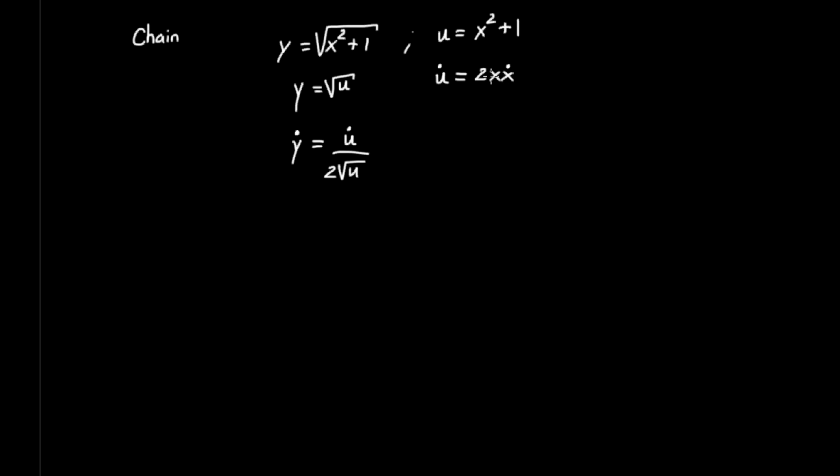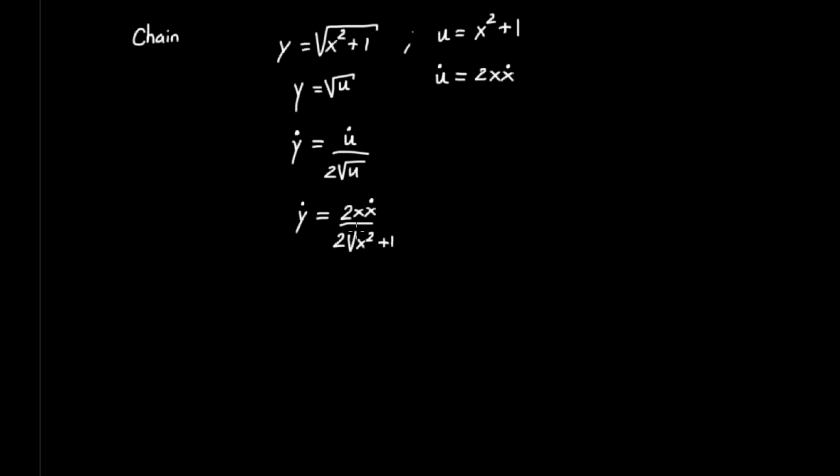And now I go back to this equation. I notice that there's a u dot there, so I'm going to substitute u dot is equal to 2x x dot into that equation. And what I'll find is that y dot is equal to 2x x dot divided by 2 square roots of u, but now I know what u is equal to, it's x squared plus 1, so I'm going to substitute that back in.